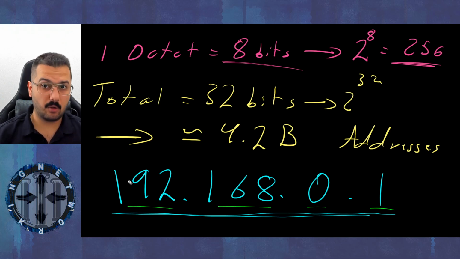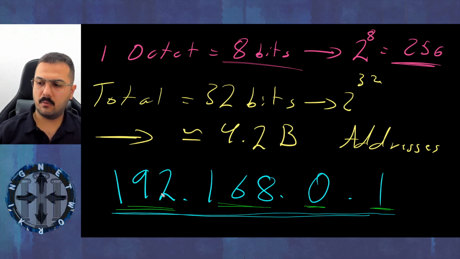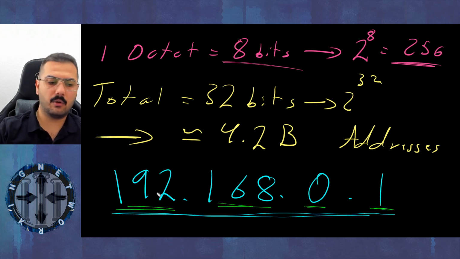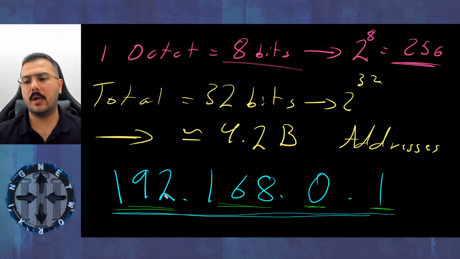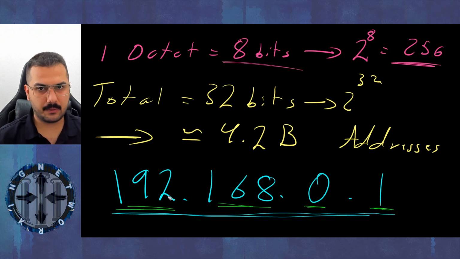Number 3, every single octet has a value that ranges between 0 and 255. We have seen 0, 1, 168, 192, and maybe one day 240, 250, 255, but never 256. Be certain of that.